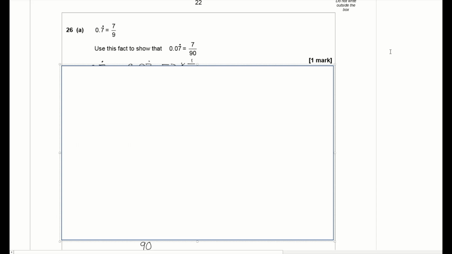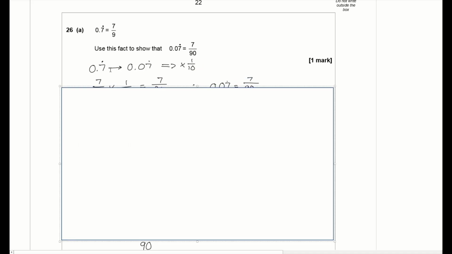Question 26a. 0.7 recurring equals 7/9. Use this fact to show that 0.07 recurring equals 7/90. Now, the fact that they're expecting you to use is that 0.07 recurring is just 0.7 recurring divided by 10, or you could look at it as being multiplied by 1/10.